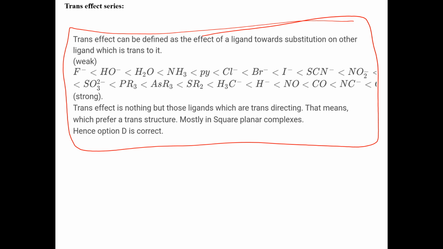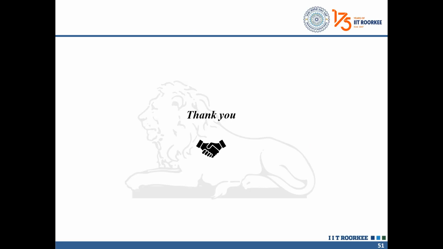The trans effect series will greatly help you in deciding the stereochemistry, because the bond trans to the strong trans-directing ligand is highly labile and can break, and the incoming ligand attaches there. So that is the significance of this trans series.